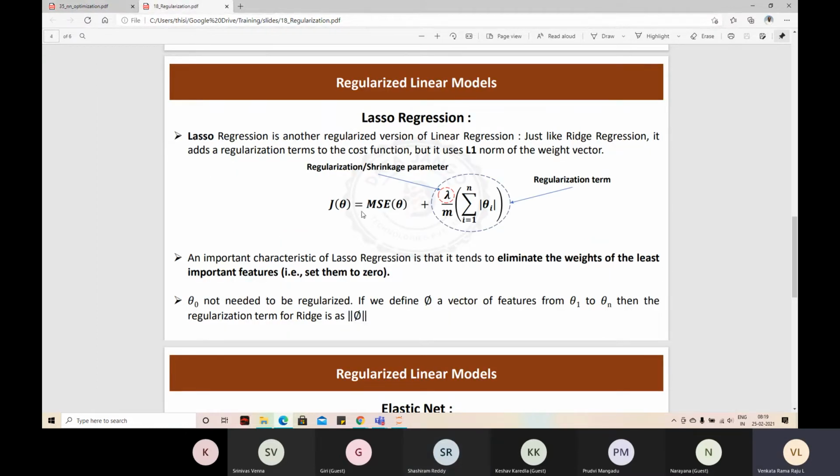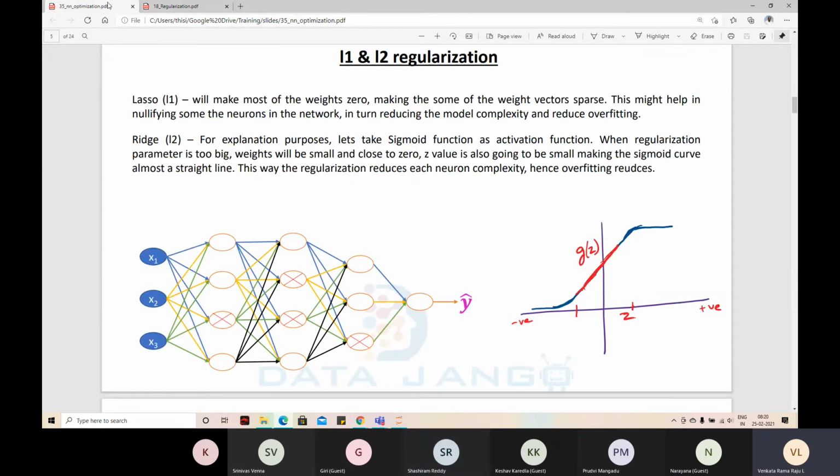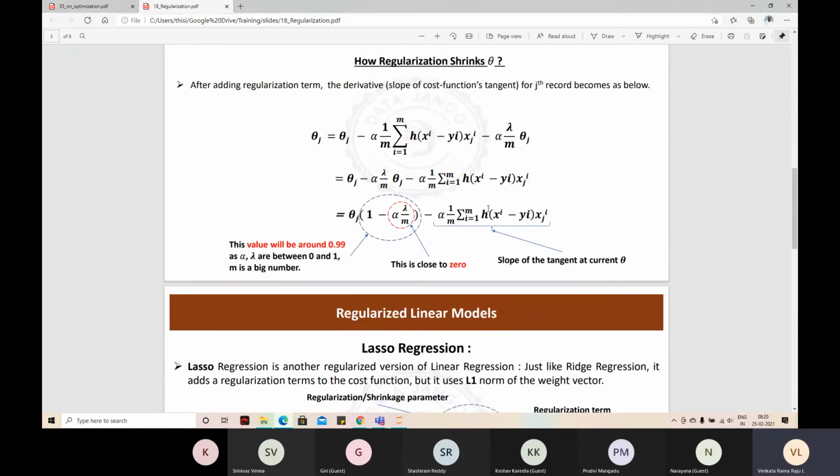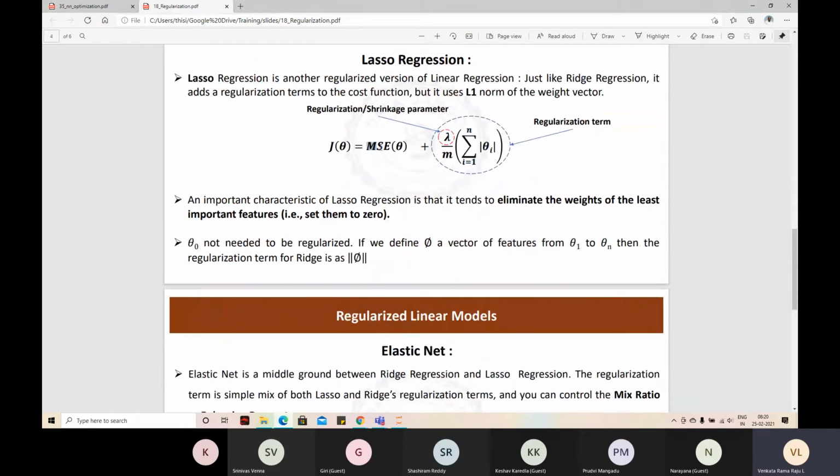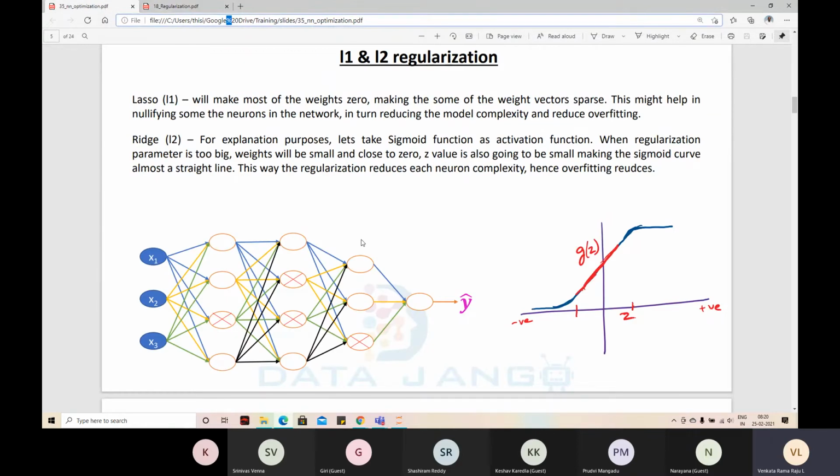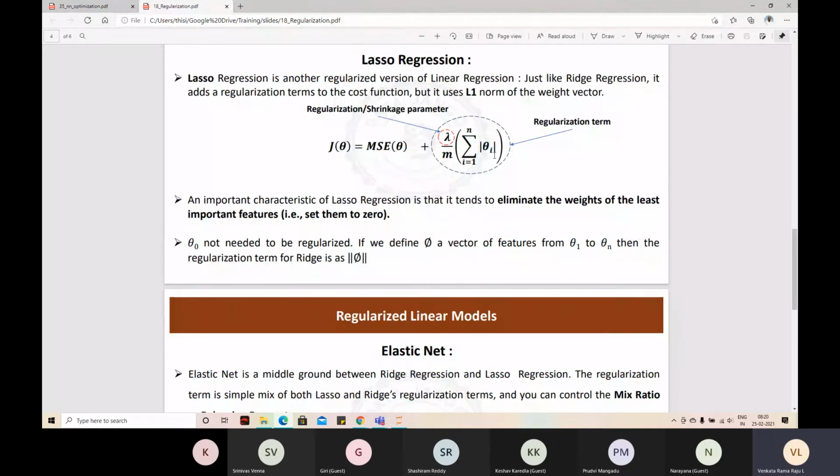There is a cost function plus regularization term. How do you calculate the cost function? y cap and y should be there. When are you getting y cap? Here. So when you apply regularization, if it is kernel regularization, all these weights will be taken, and then you apply absolute value or square along with cost. If you are doing activation regularization, you will take all the activation values and then apply square or absolute value. Got it?